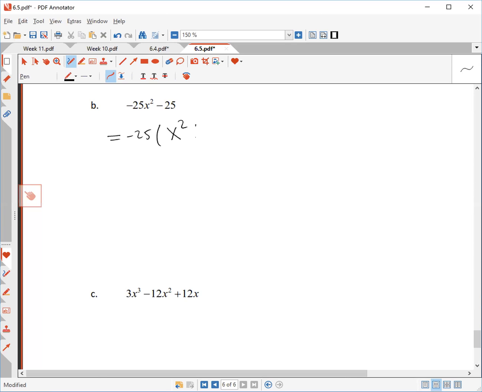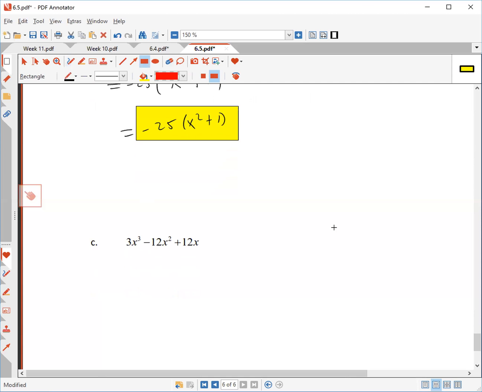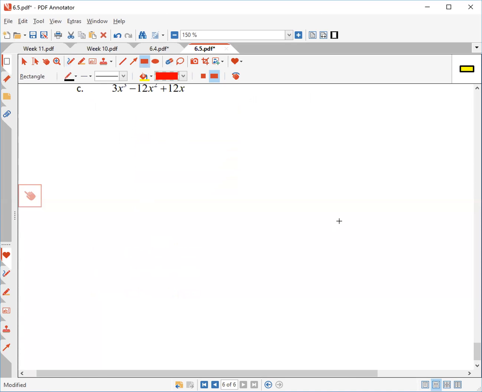Then you're left with x squared plus 1, a sum of two squares, which is prime. We don't say prime; we just rewrite it as negative 25 times x squared plus 1. All right, and the last one is not prime. That one will factor for you.